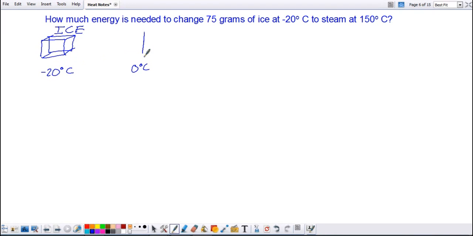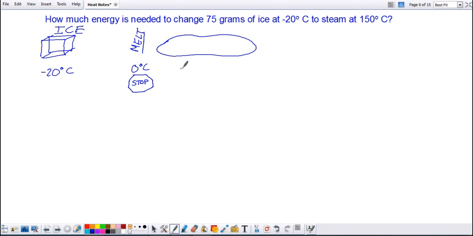The temperature is going to stop rising, and it is going to take a little time to melt. So there's going to be a little stop in the temperature change right here while it's melting. Then after all of the ice has melted, the temperature is going to rise again.